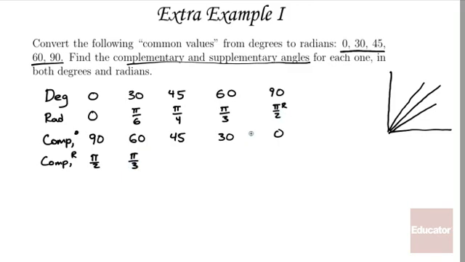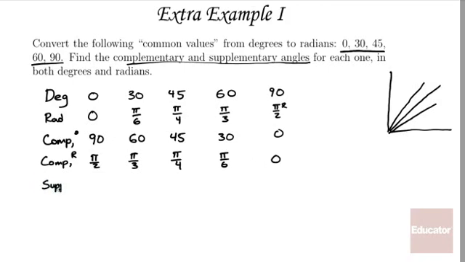You can work out the fractions there, or you can remember that 30 plus 60 equals 90. 45 degree angle, or pi over 4, is its own complement. Pi over 3, we already figured out that its complement is pi over 6. And pi over 2, its complement is 0, because, again, those add up to pi over 2, or a 90 degree angle.